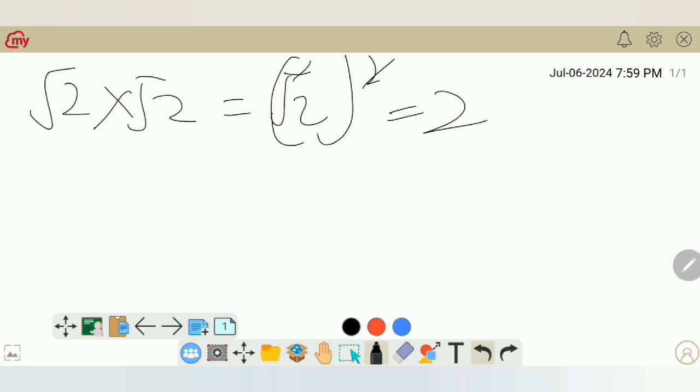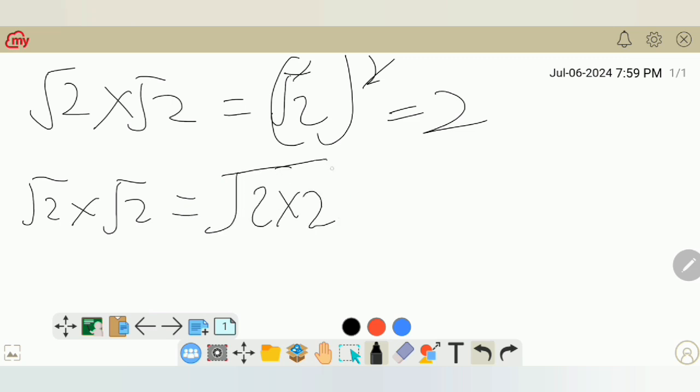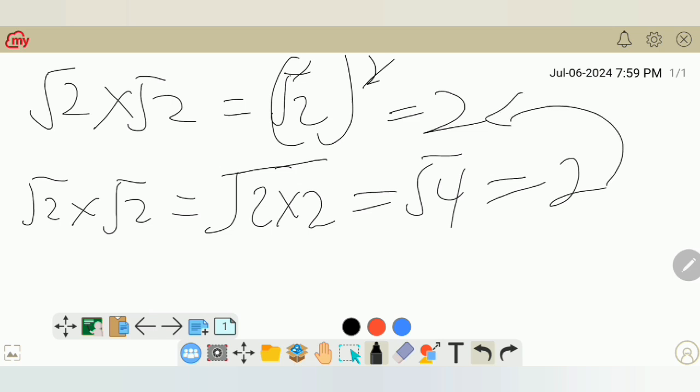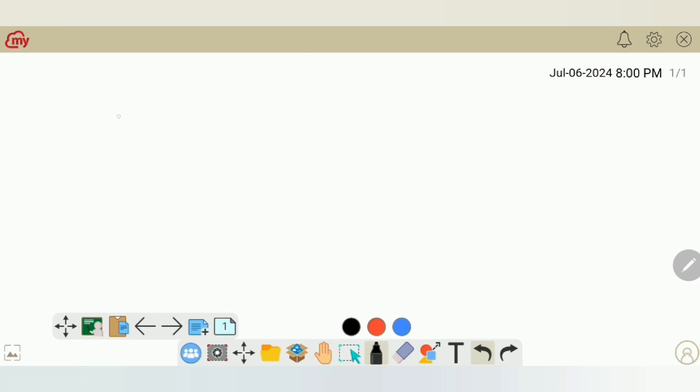In other words, you can solve it like root of 2 times root of 2 is equal to root of 2 times 2, which is equal to root of 4, which is 2. So the answers are still the same. What about root of 3 squared? This is equal to 3 because the square is going to cancel the square.